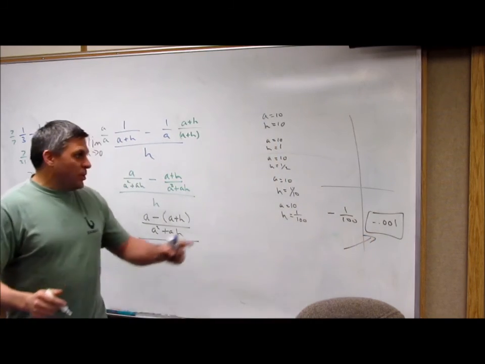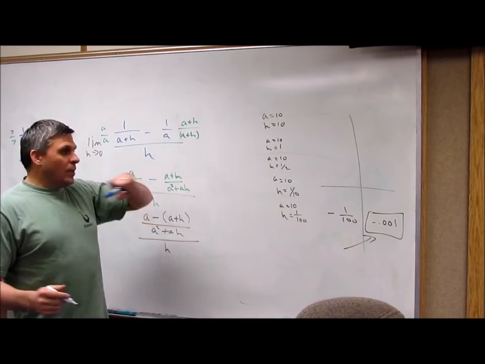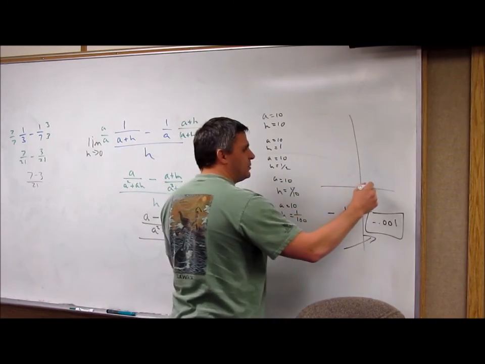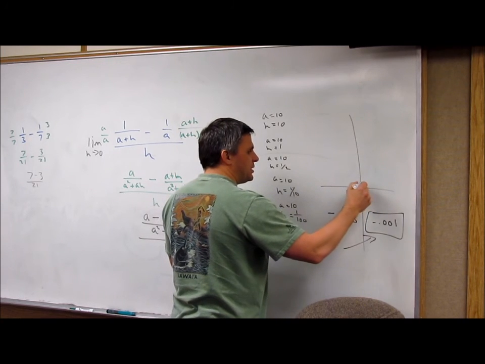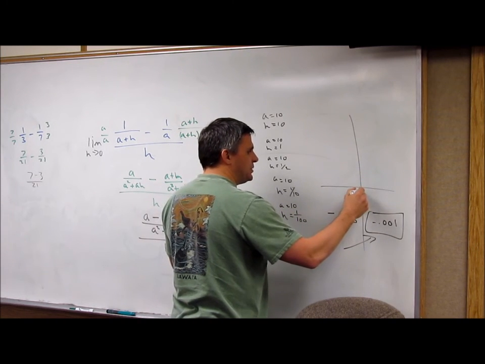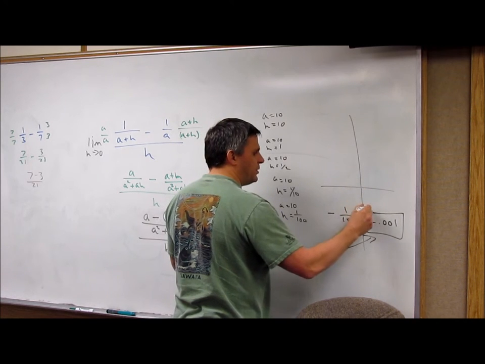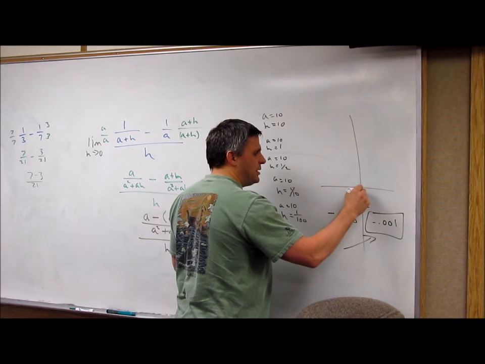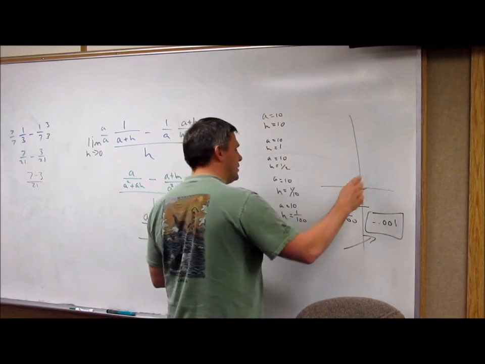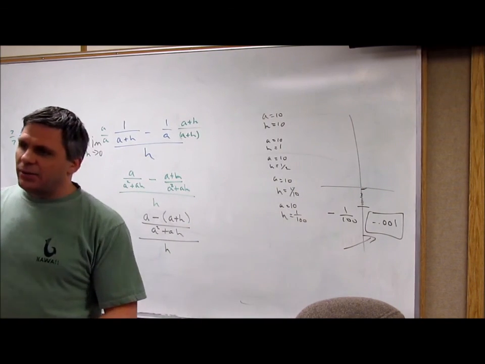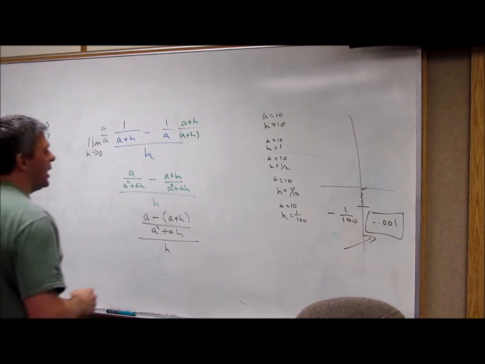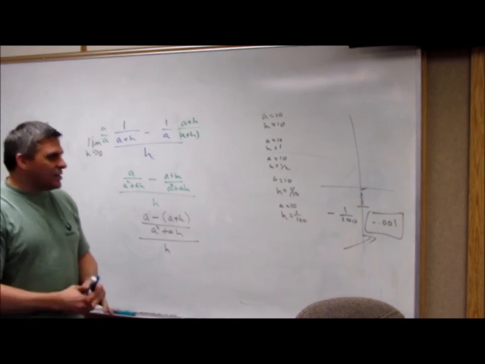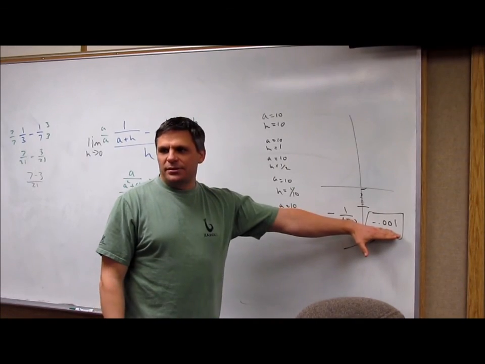So when you plug your points in and graph it, as you get to 0, you should be heading really close to down here somewhere. So check that out, plot your points, and see what happens. On your points, it'll look like it's just going to 0, but it's actually going a little bit beyond 0. Okay?